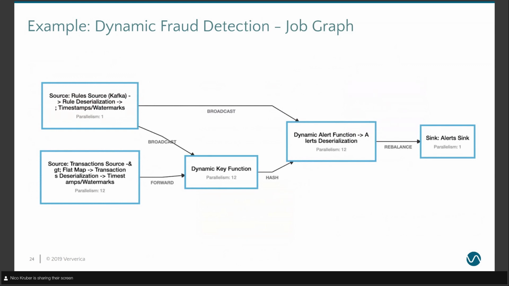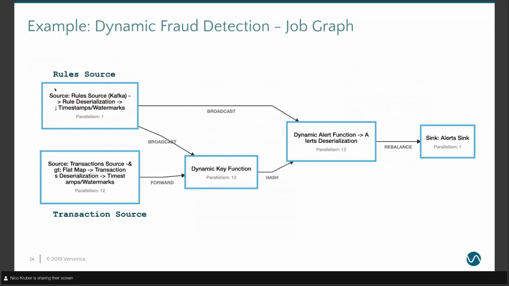For Flink, we call this a job graph. At the start, on the left-hand side, we see one source that is reading those transactions, the interactions with your bank, flowing in from Kafka. We interpret them by reading those strings into JSON objects, deserializing them, adding timestamps and watermarks and things like that.